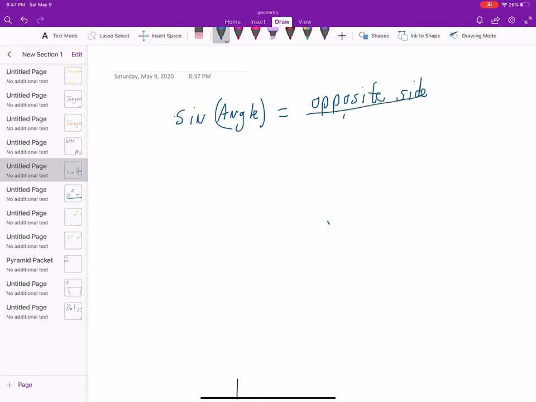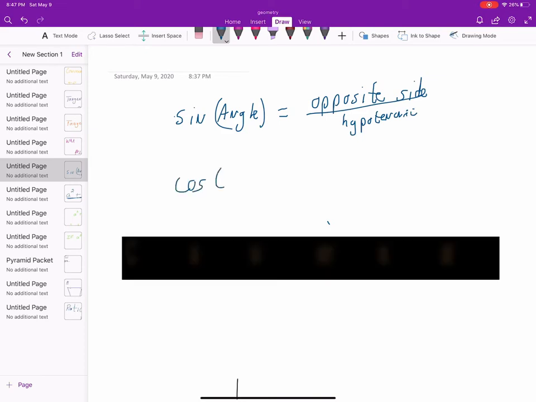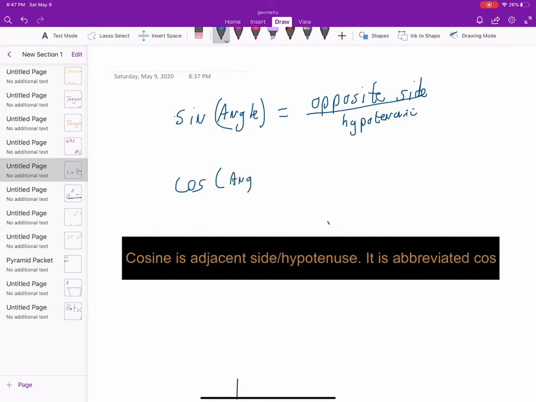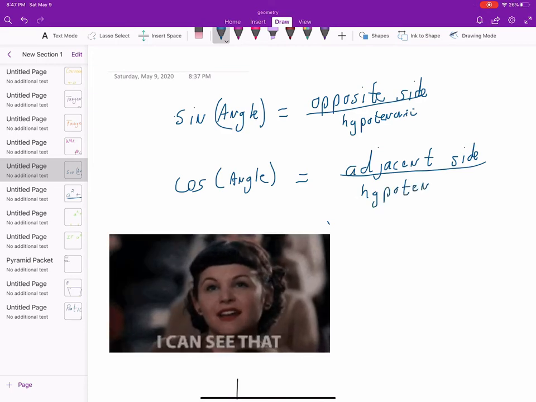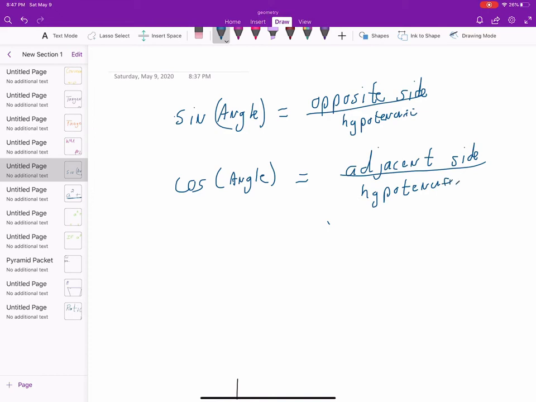And the cosine of the angle, by the way, they abbreviated it that way, is equal to the adjacent side over the hypotenuse. So now we have these trig ratios, newer ones anyway. So we have three: sine, cosine, and tangent.